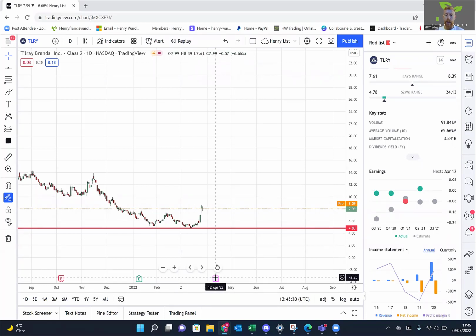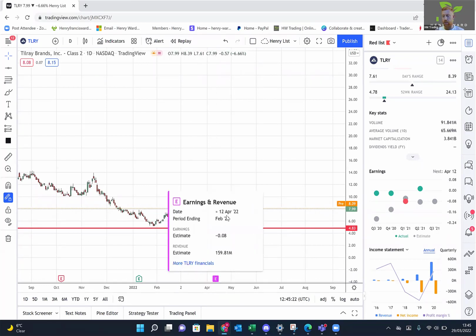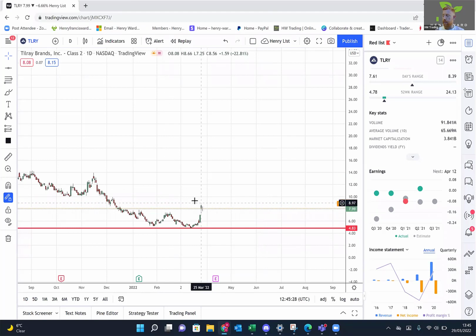The next one coming out is the 12th of April. Now, if the sentiment is good coming out of the vote, and then we have a good quarter here, where's this stock now going to end up?